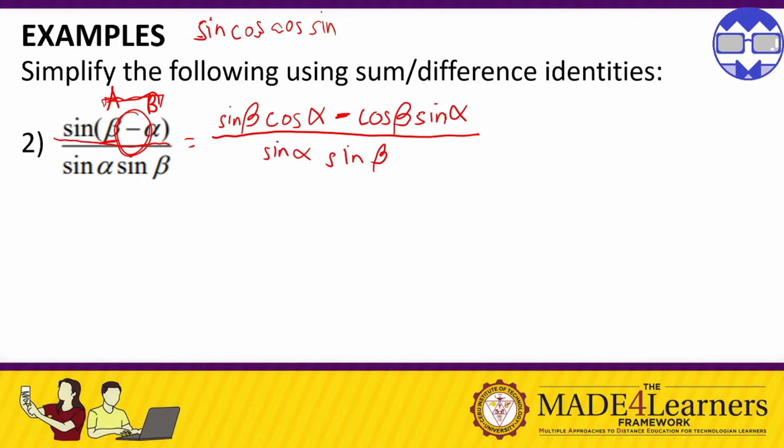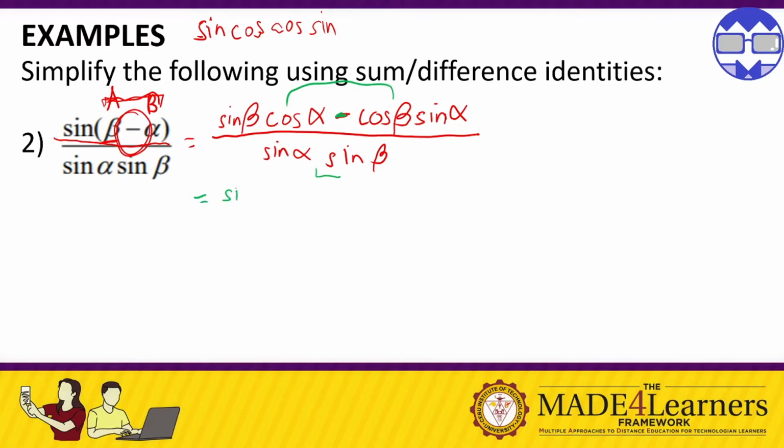Let's try to simplify further. If we have a binomial over a monomial, because we have the minus sign here, we can actually separate.